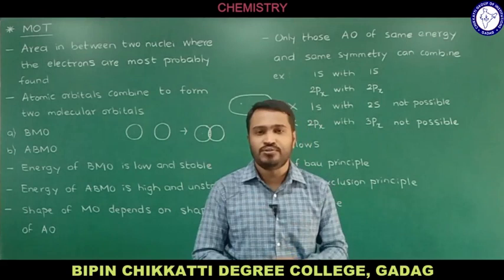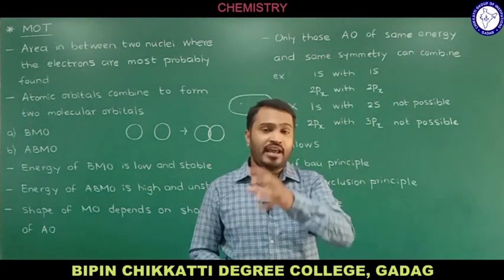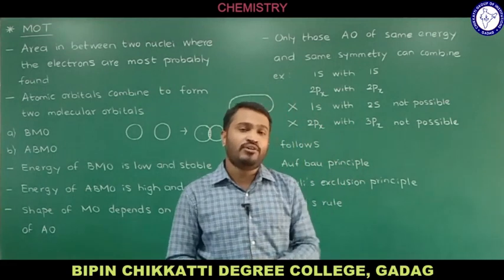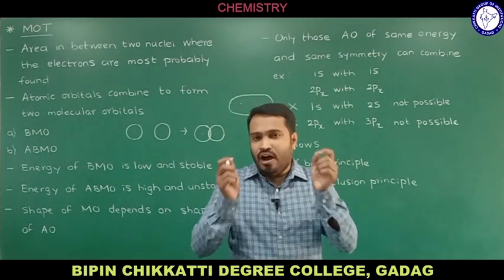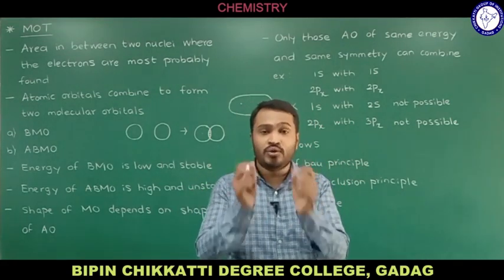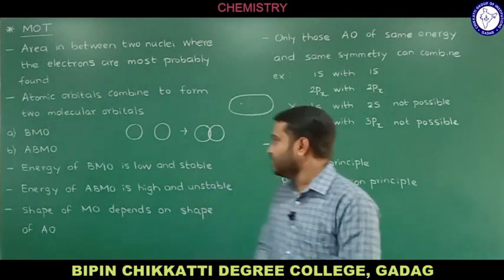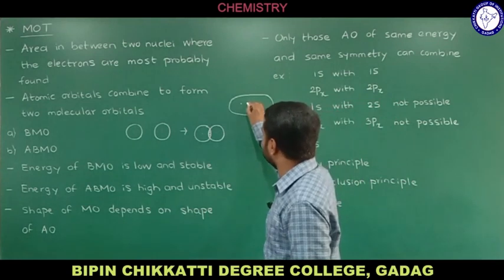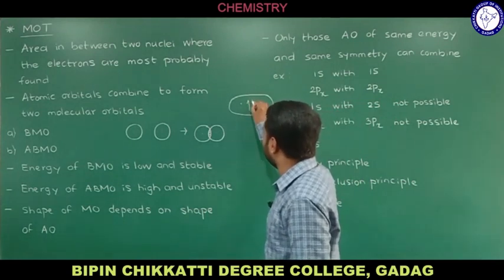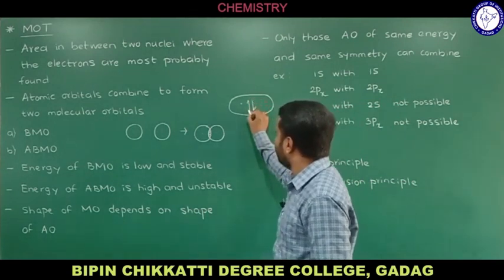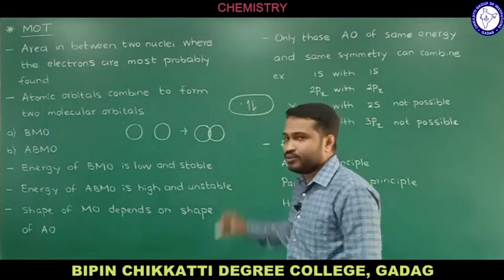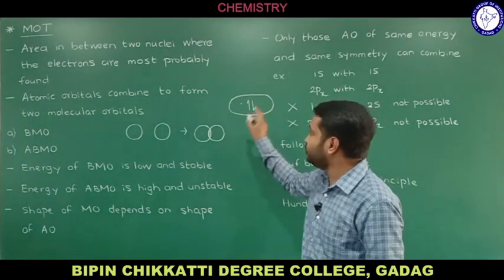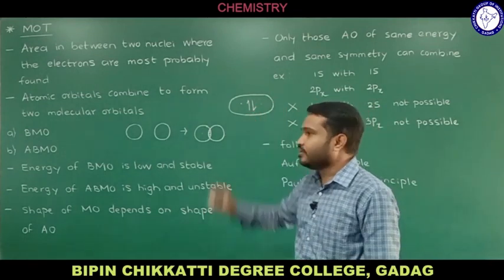And what are these rules? They concern the filling up of electrons into the molecular orbitals. As we know, if you consider a molecular orbital, only 2 electrons of opposite spin can occupy it. So if this is a molecular orbital with 2 electrons, this is 1 electron with spin plus 1 by 2 and this is 1 electron with spin minus 1 by 2, they should be in opposite directions, and only 2 electrons can be filled.